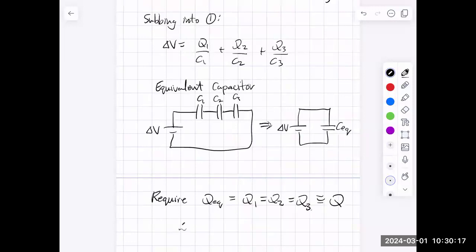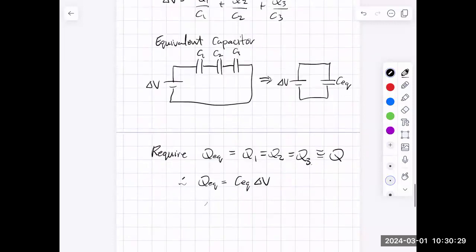So therefore, it must be that Q equivalent is equal to C equivalent times delta V, or delta V is equal to Q equivalent over C equivalent.